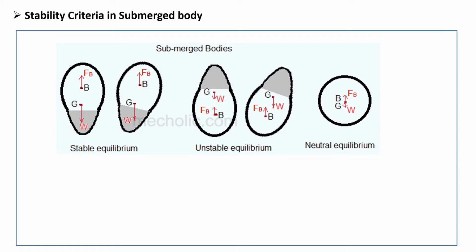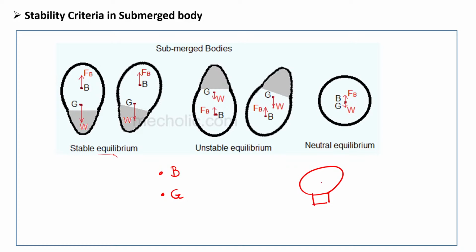Then different stability criteria are there. For the submerged body, if the buoyancy point is above the center of gravity, then the body is in stable equilibrium. Stable equilibrium means if I apply a small force to this body, after some time the body regains its original position. Like you can take the example of a parachute. A parachute is fully immersed in the air.